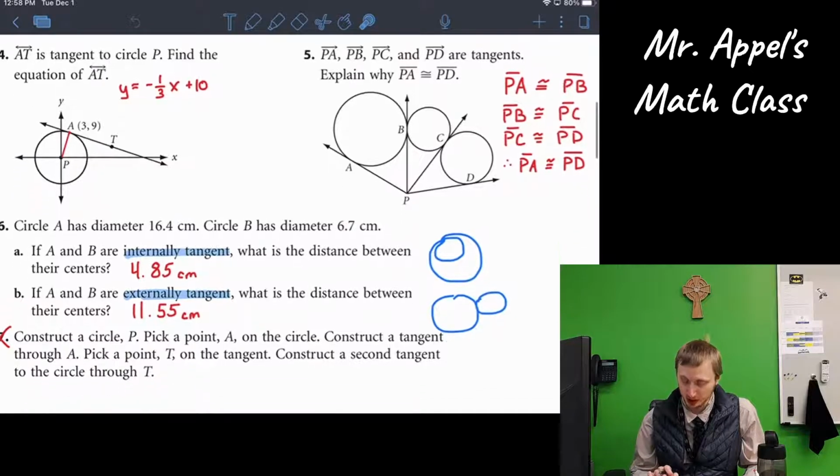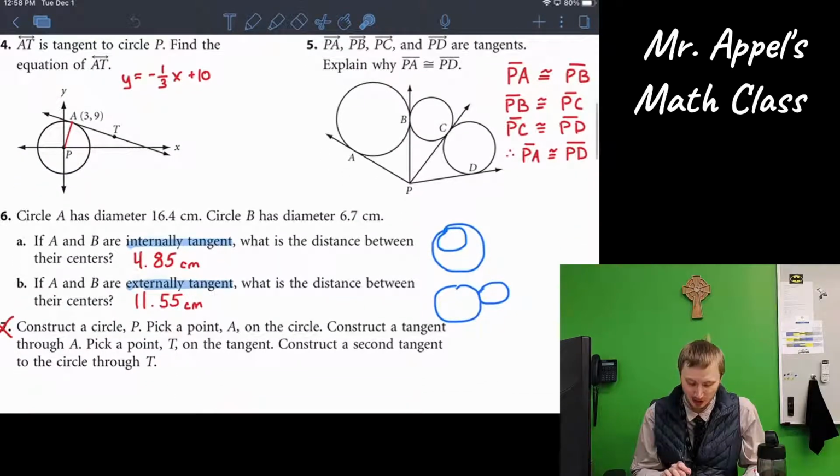And number 6 is the difference between internal versus external tangency. Okay. Internally tangent, 2 circles that touch at one point, one inside the other, so you're going to subtract their radii, whereas externally touching outside, so you'd have to add up the radii there.